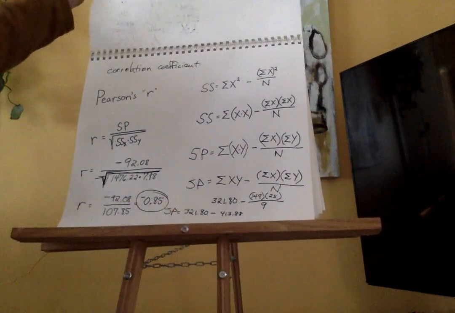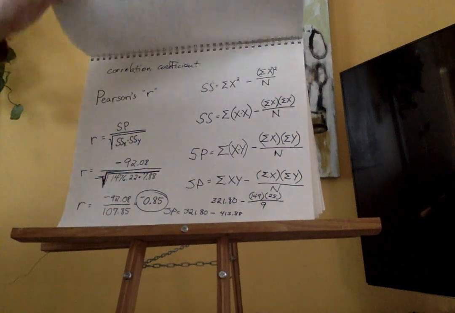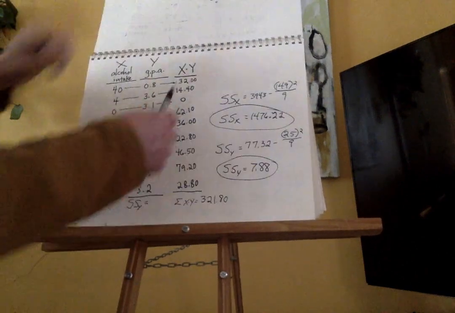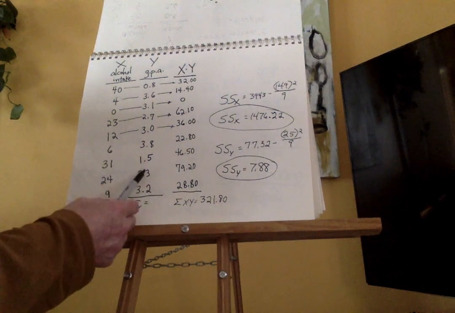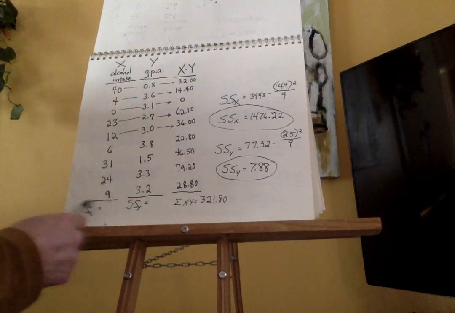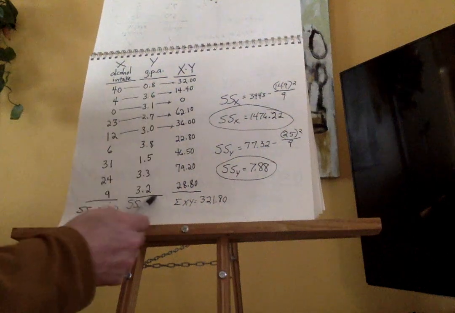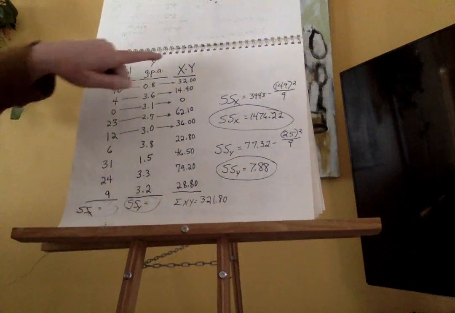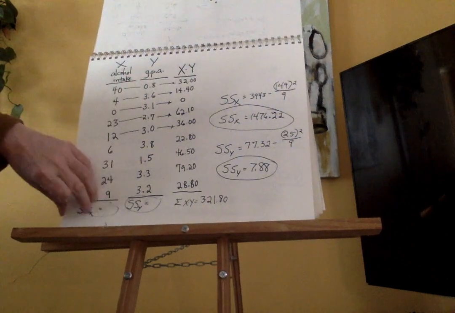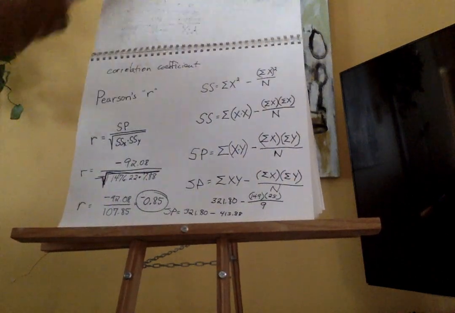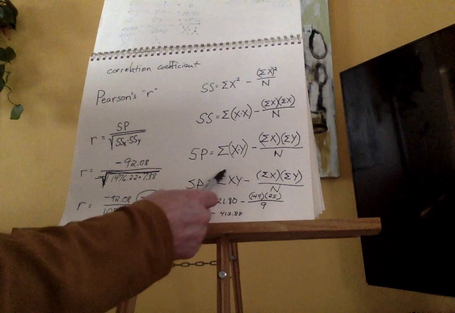First step when you do a sum of products is to get this column, okay? We have the x, we have the y, we can get the sum of squares for the x's, we get the sum of squares for the y. Here's my new column, okay? This is x times y, so that goes here.